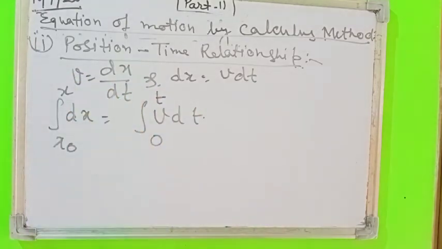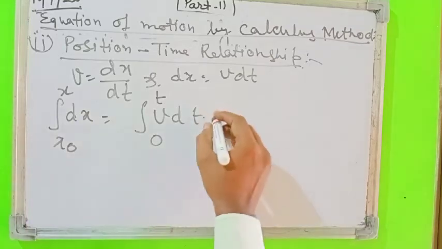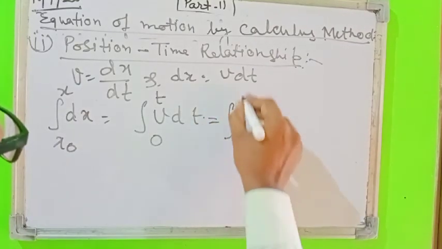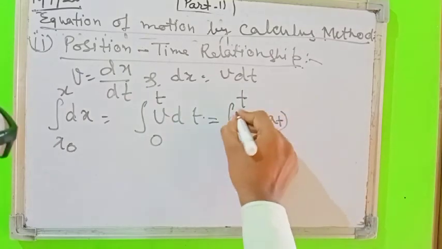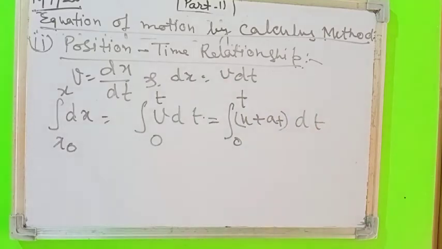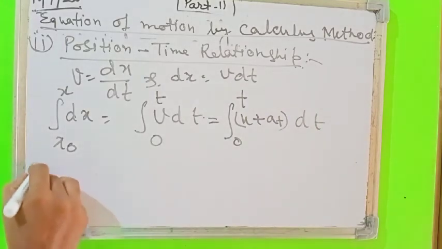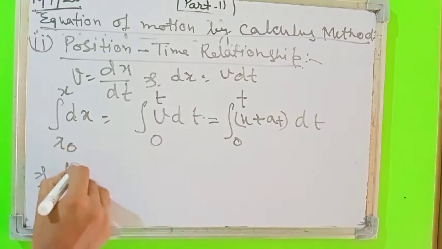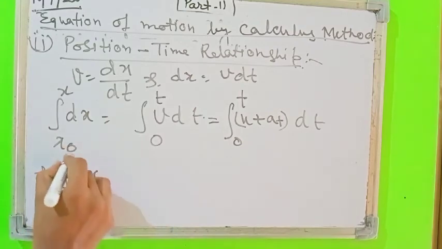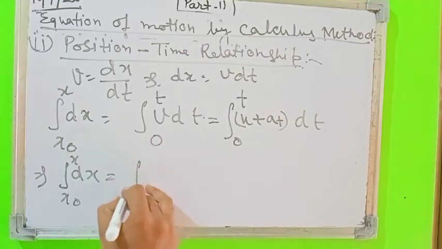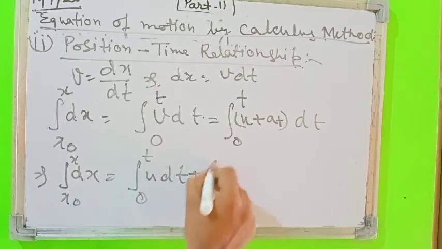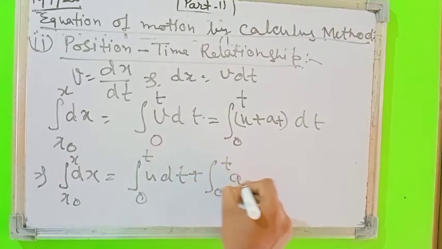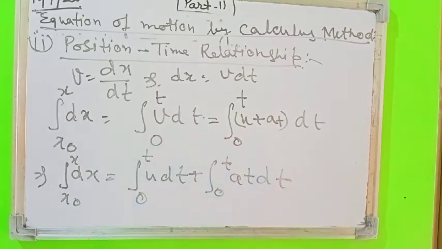Now you know that v is equal to u plus at, or v minus u is equal to at. So you can write it here as integral of dx from x naught to x is equal to integral of u dt from 0 to t plus integral of at dt from 0 to t.